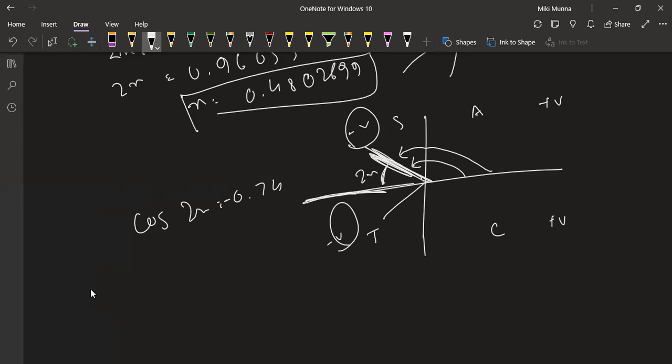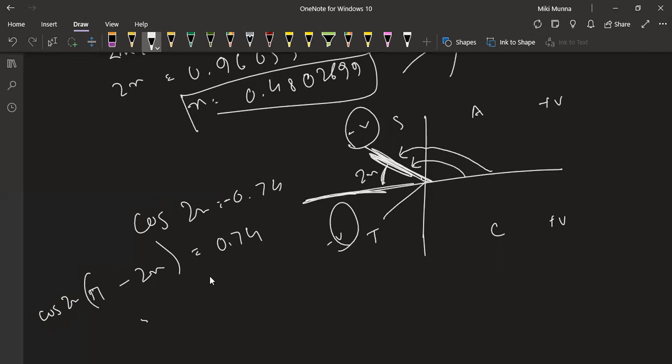We should do pi, like pi means 180 minus twice x. That should give us the value which we actually need. So this is actually cos twice x equals to what? 0.74. Why? Because we have already considered the pi part, like this part.